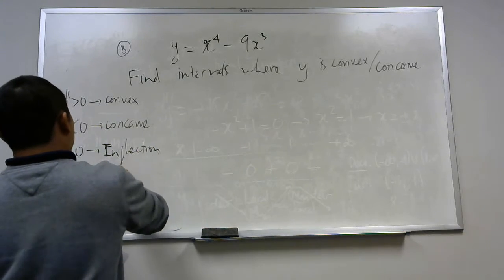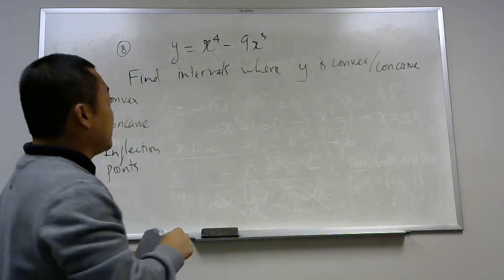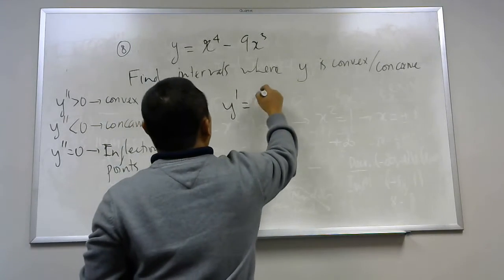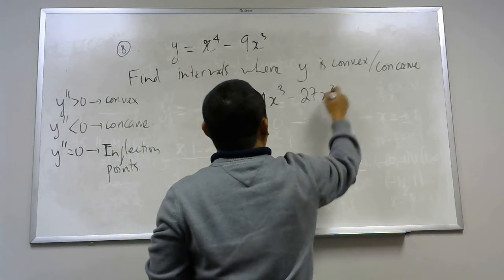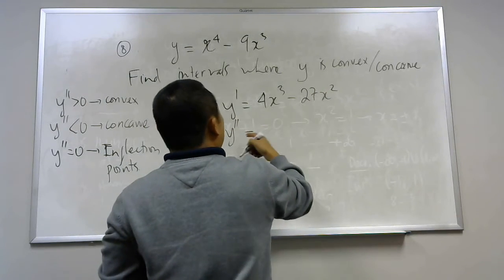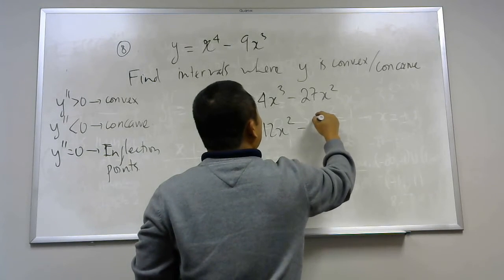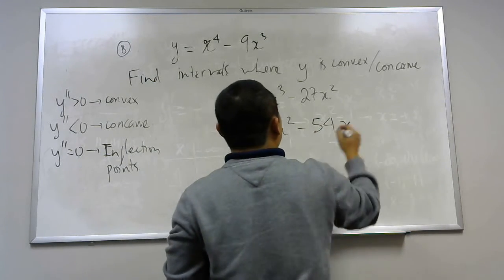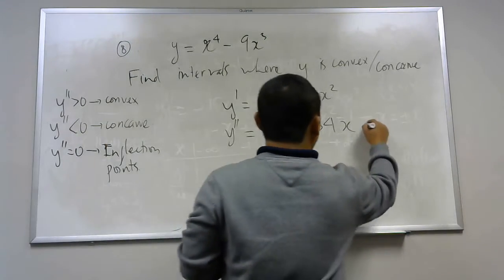Maybe that is an inflection point. So let's find the second derivative. From y equal to 4x cubed minus 27x squared, the second derivative is 12x squared minus 54x. Let's set it equal to 0.